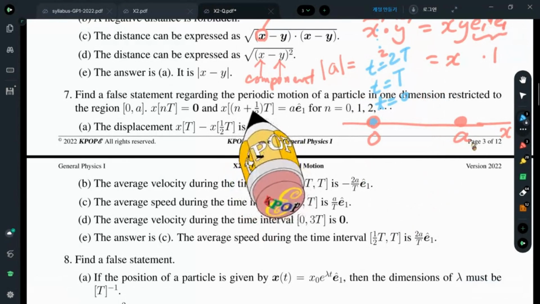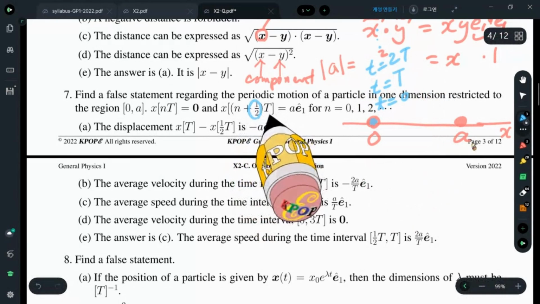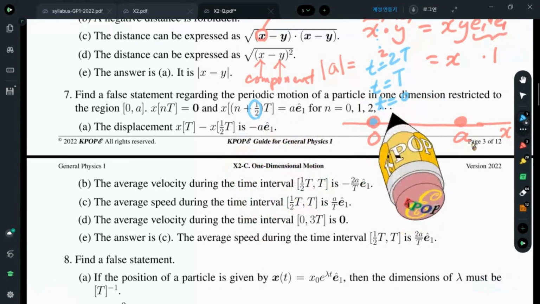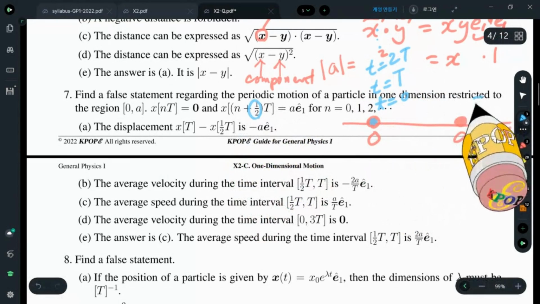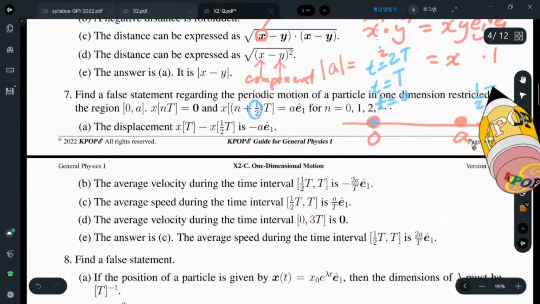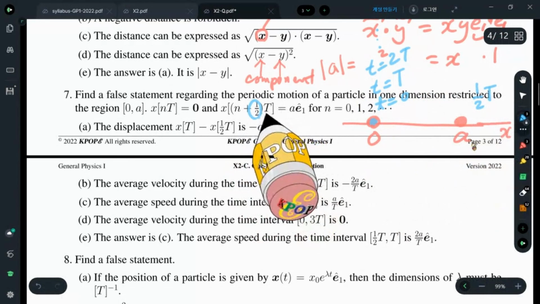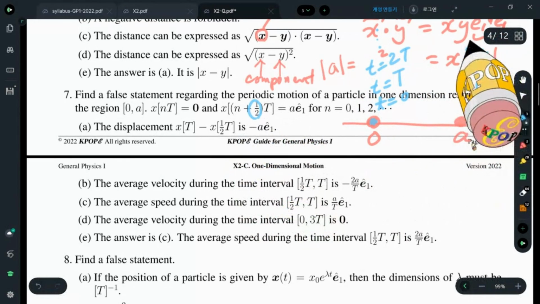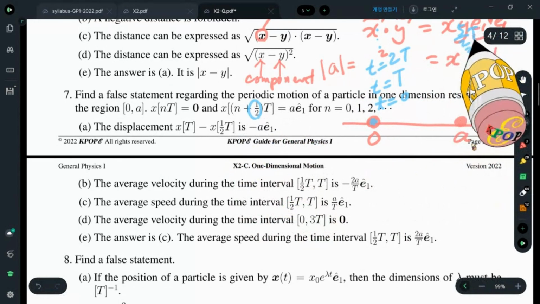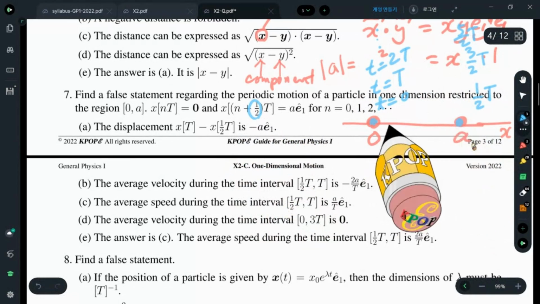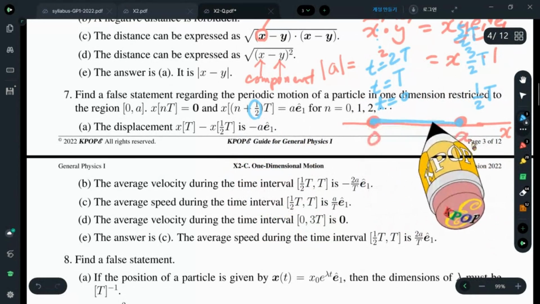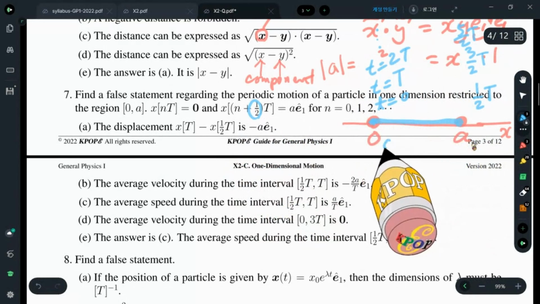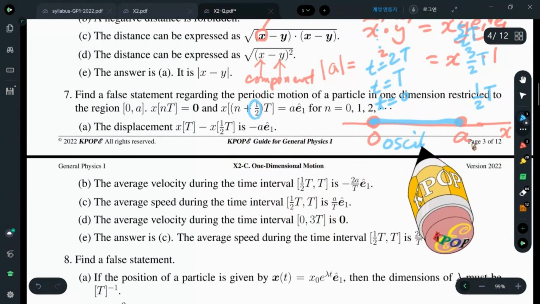And then we have 1/2 of T, 3/2, 5/2 in here. So it is oscillating motion.